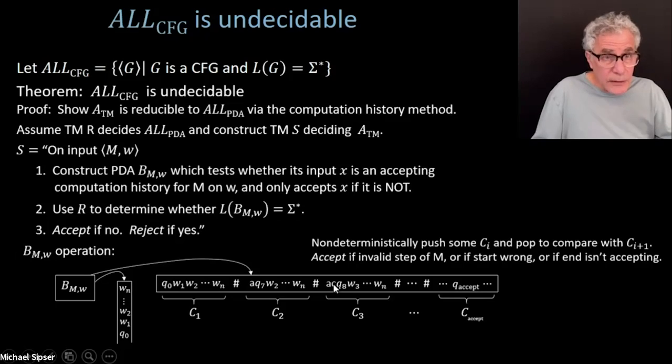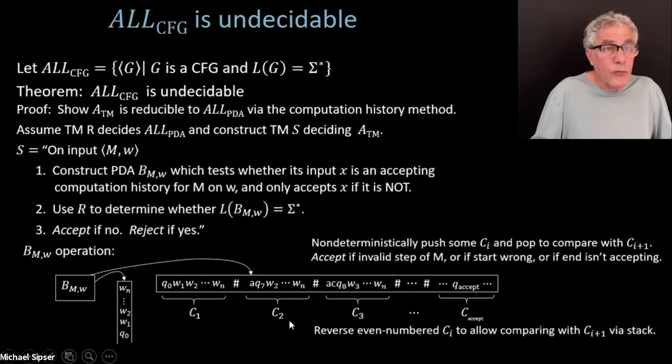If you're following me, you'll realize there's a difficulty here, because it comes out in the reverse order that we put it in, and that's not what we need. So here's a little twist: we're going to change the way we write down computation histories by reversing the even numbered ones. So this one here is going to be written down in reverse.